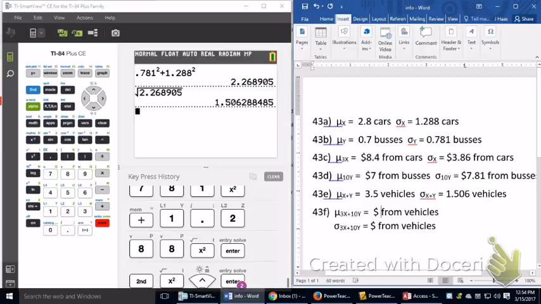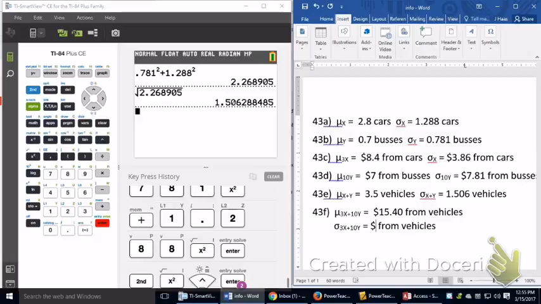Now, looking back at your answer for part C and D, for the mean, all I have to do is add my two mean values, my mean of 3x plus my mean of 10y, and that's a total of 15.4, or $15.40 is my expected value of tolls from vehicles. For the other one, I'm going to have to use the Pythagorean theorem again because I cannot add standard deviations.